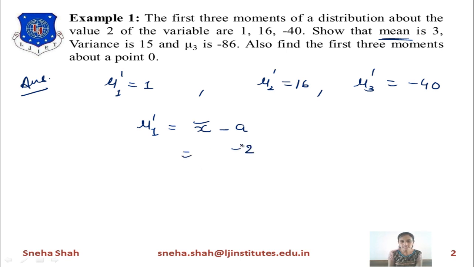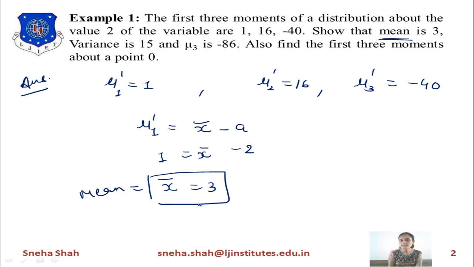Then mu1 dash equals 1. From this we can find the value of mean. X bar equals mu1 dash plus a, so 1 plus 2 equals 3. So this term represents the mean value, and we can say that the mean value equals 3.